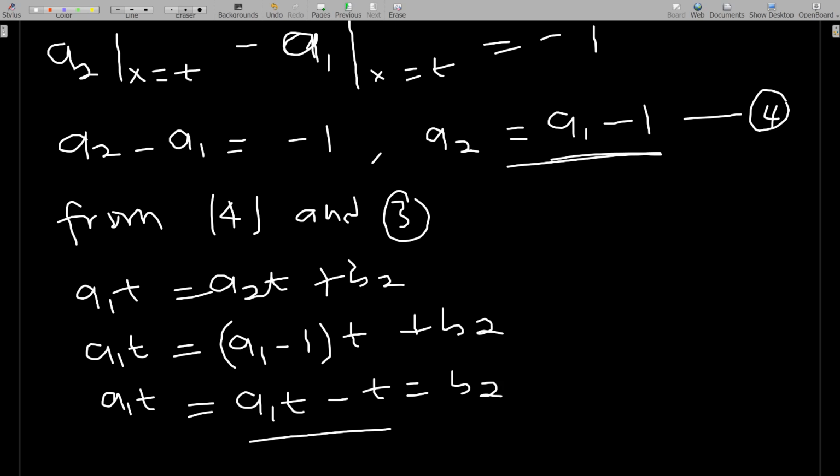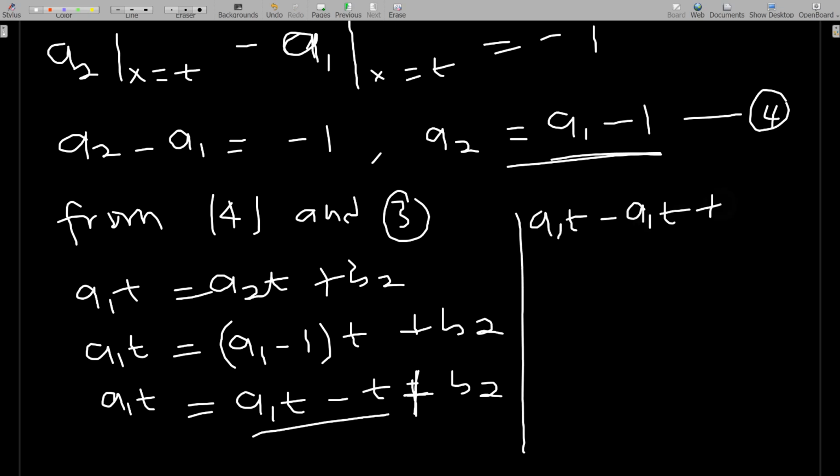If I pick all of these to the other side, I get a1t minus a1t plus t equals b2, so b2 equals t.